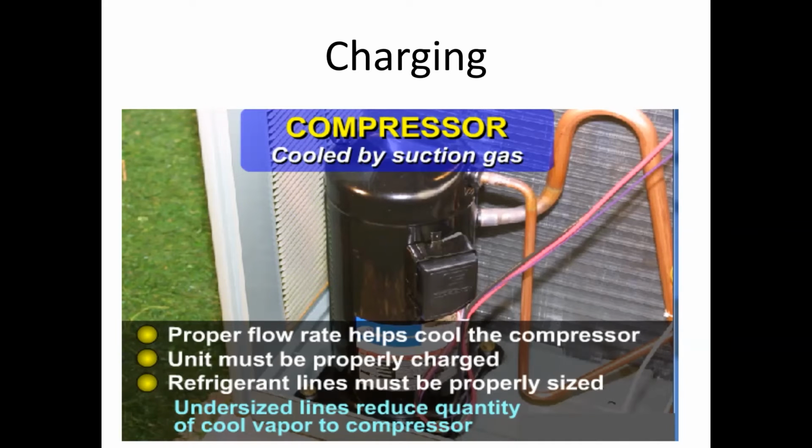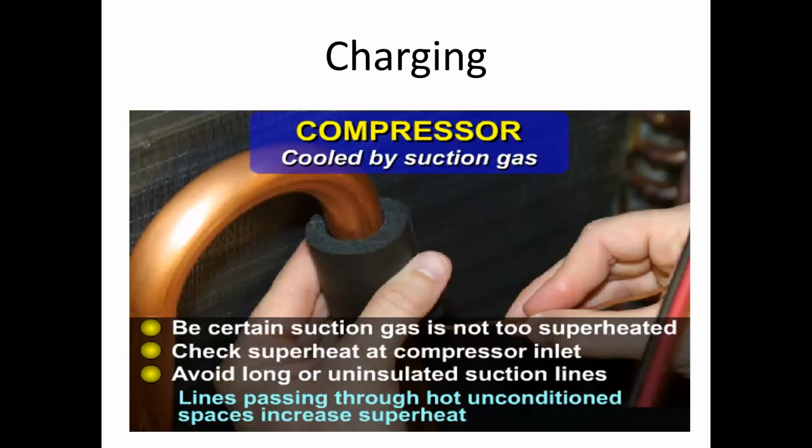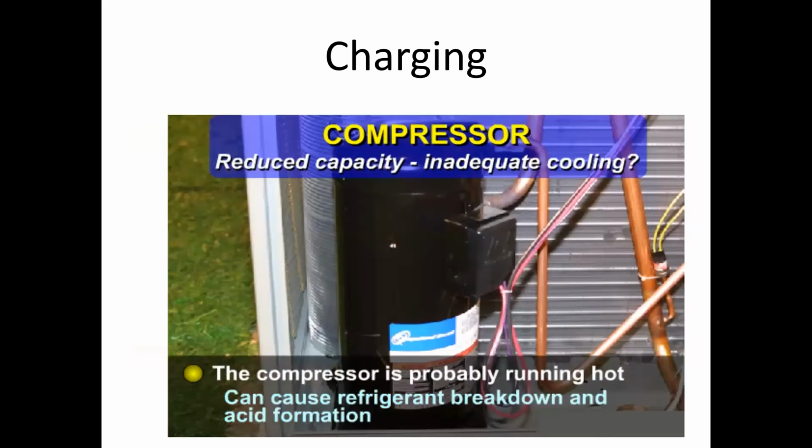So it's real important to make sure that both of your lines are sized properly, but on the suction side, if your suction line's too big, not only the velocity, but the density of that refrigerant is not going to pull the oil back and you'll have compressor failure.